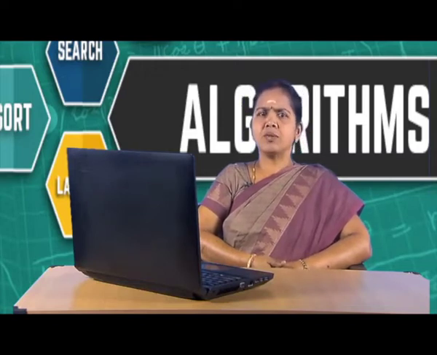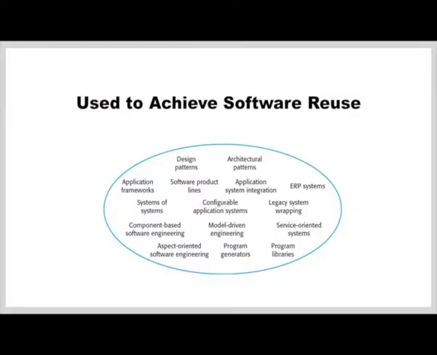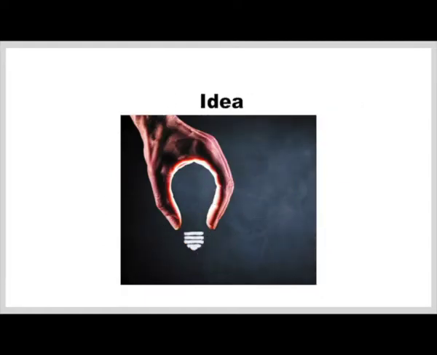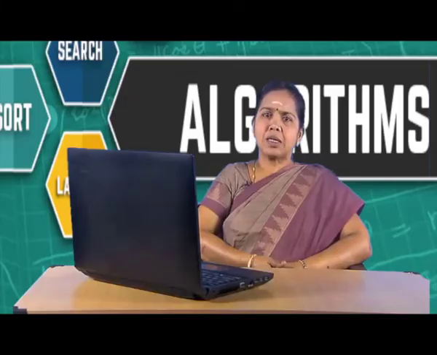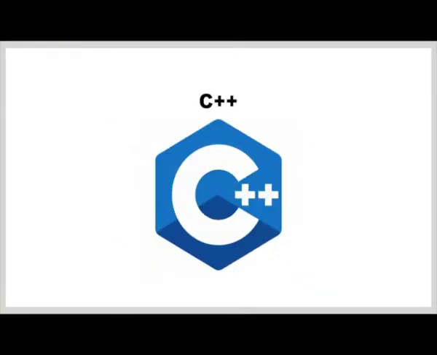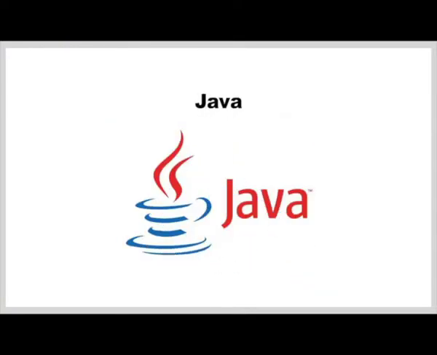One question over here: why do we need to go for algorithms? Algorithms are used to achieve software reuse. Once we have an idea or blueprint of a solution, we can implement it in any language such as C, C++, Java and so on.